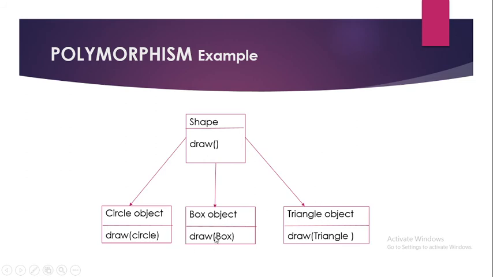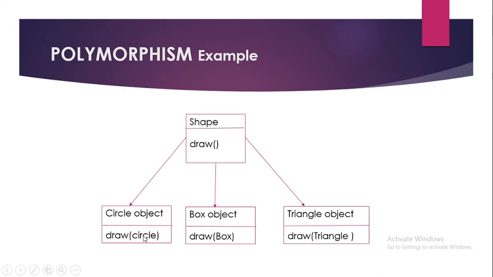Whenever I call the draw method in the program, depending upon the type of object I am using, whether circle, box or triangle, that type of shape I will get as a result. So here also the external structure is the same, the name of the function draw, but the internal structure can be different.